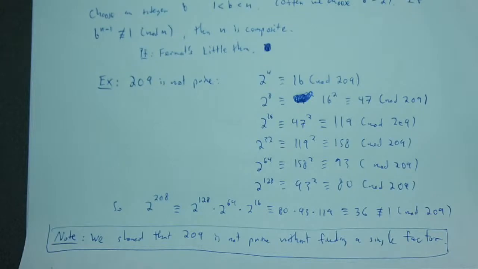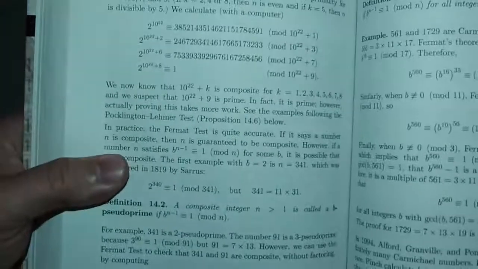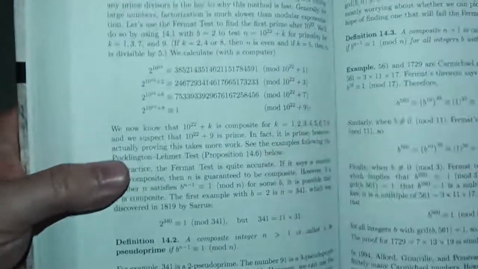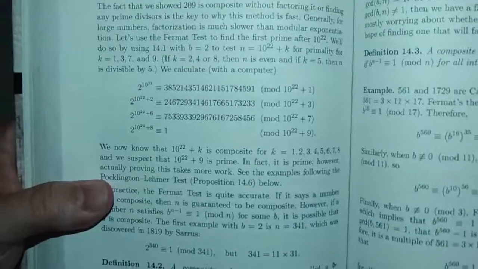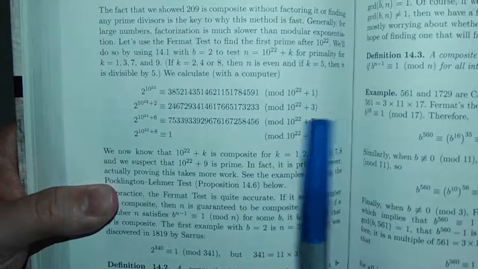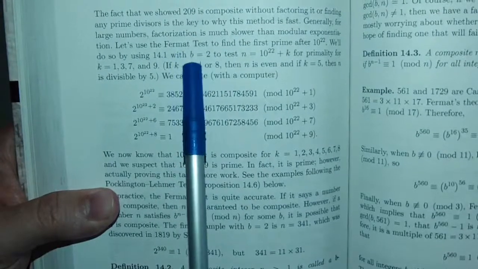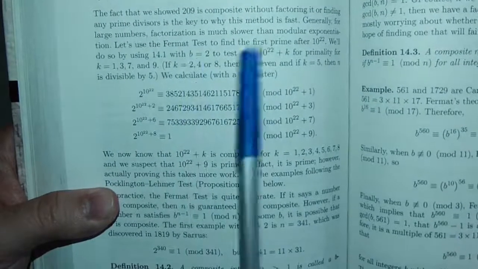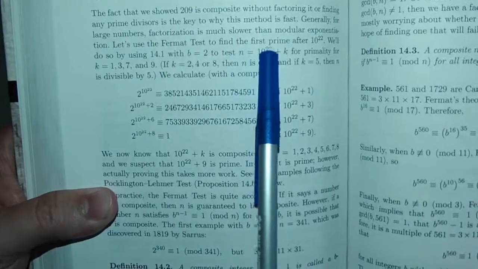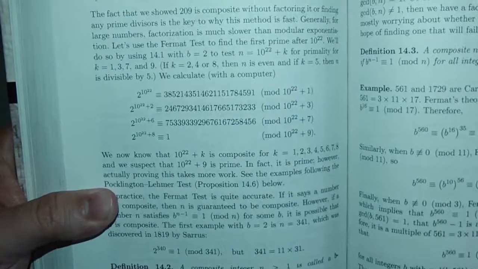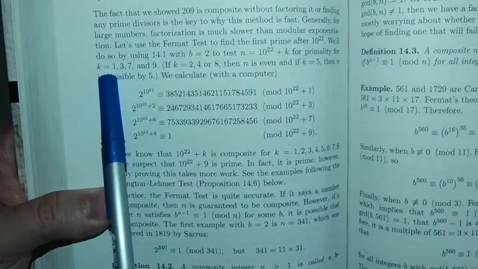Okay. And so, here's another example. Let's consider using the Fermat test with b equals 2, and we want to test 10 to the 22nd plus k for k is 1, 3, 7, or 9.